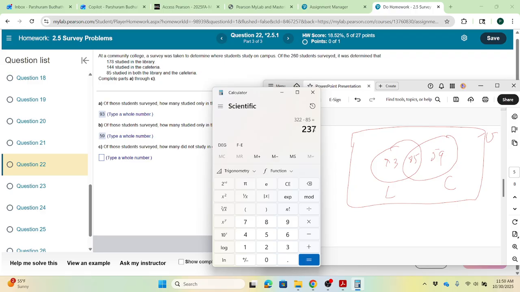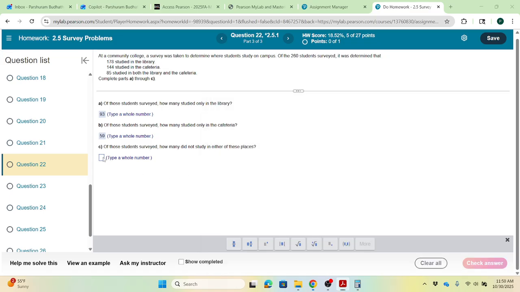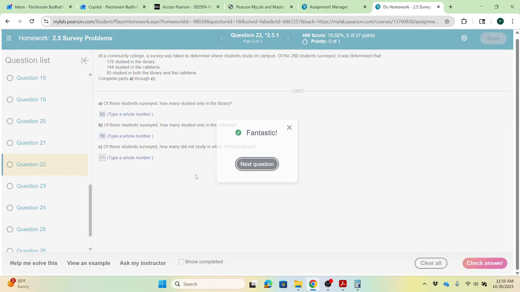So 237. Out of 260, 237, they were either studying in library or cafeteria or both, but the rest, which is subtract 237 from 260, which is 23. 23, they are outside. So they did not study either in cafeteria or library. So 23, they did not study either place.